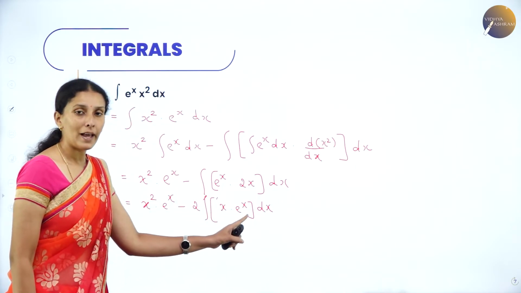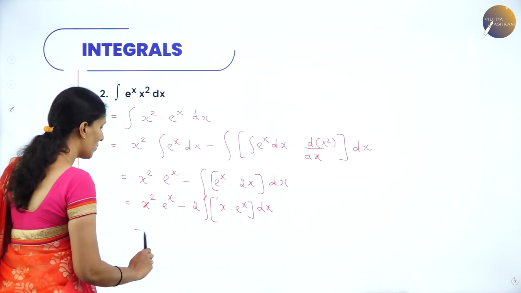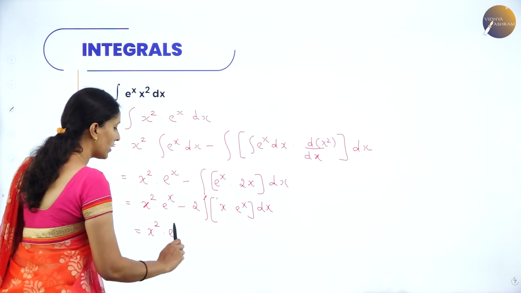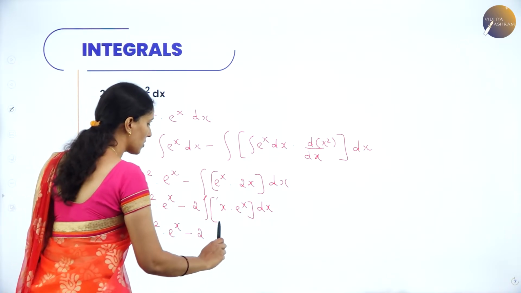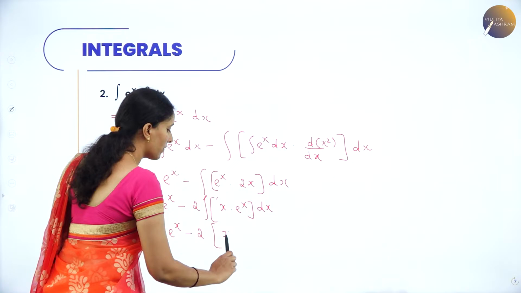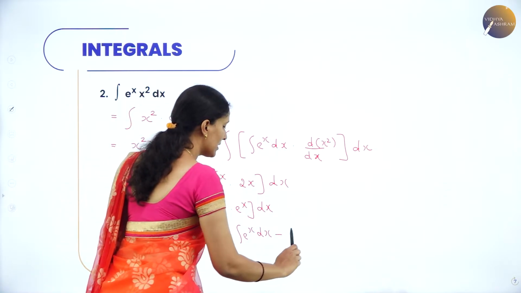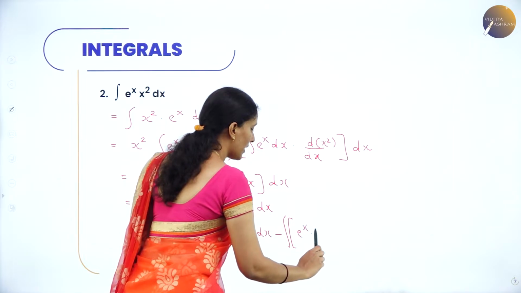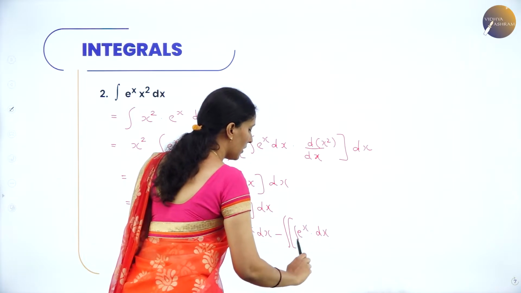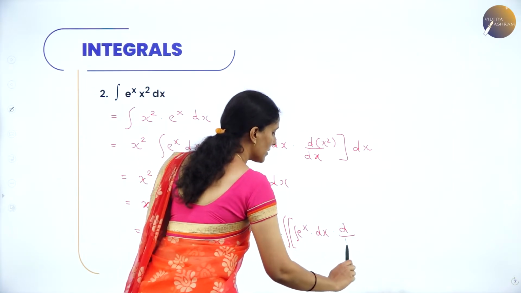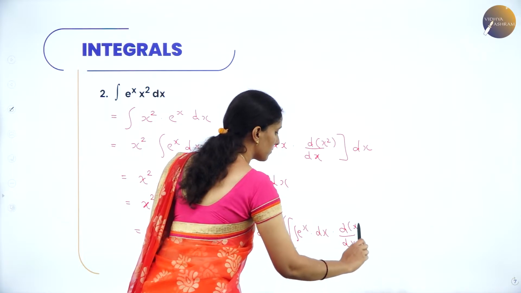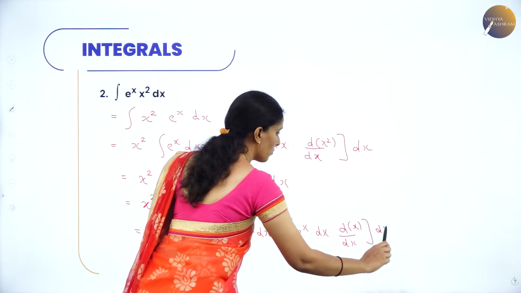Again we have to apply integration by parts. So x square into e power x minus 2 times. What does the rule say? First function, integral of second minus integral of second into derivative of first with respect to dx.